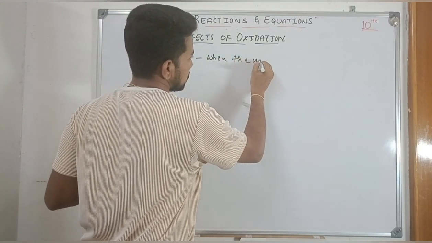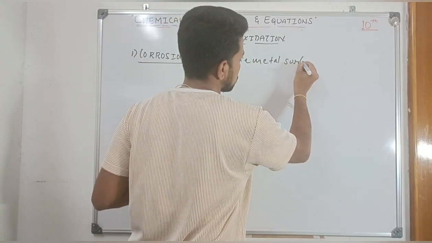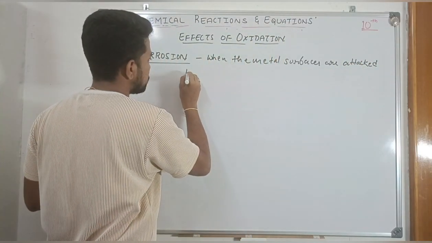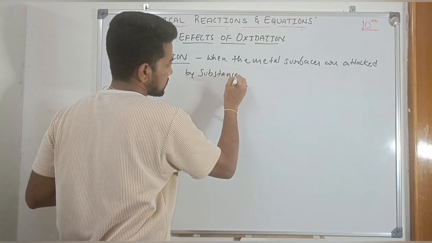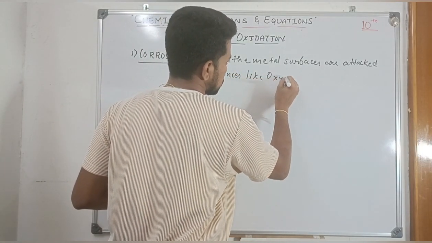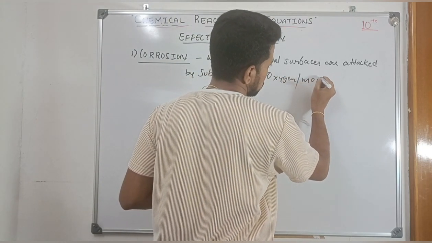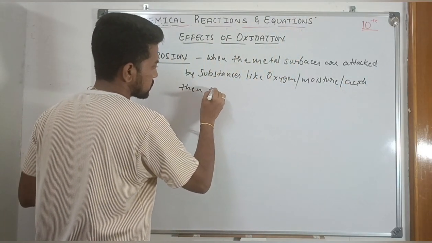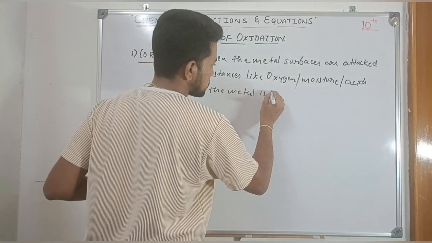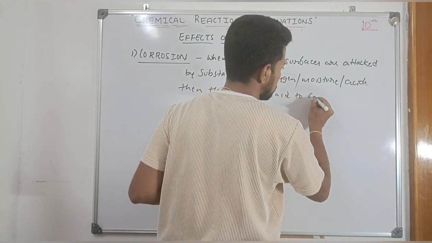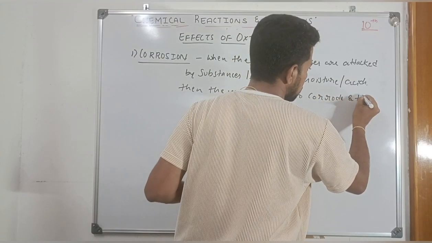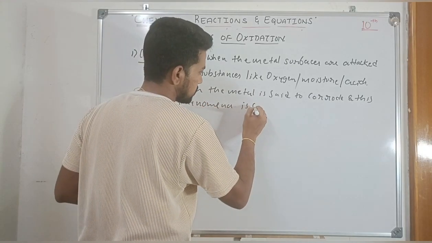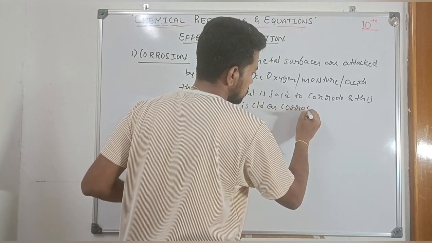So here corrosion is when the metal surfaces are attacked by substances like oxygen or moisture or acids, then the metal is said to corrode, and this phenomenon is called corrosion.